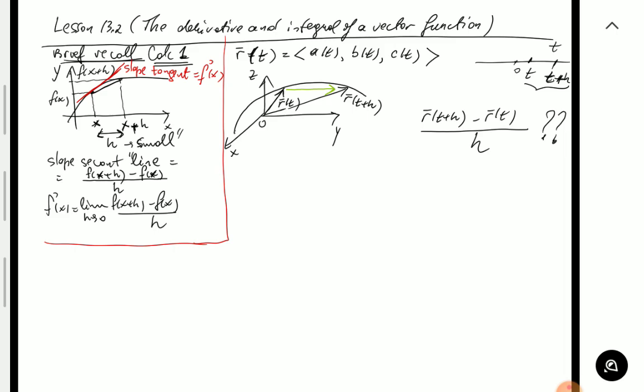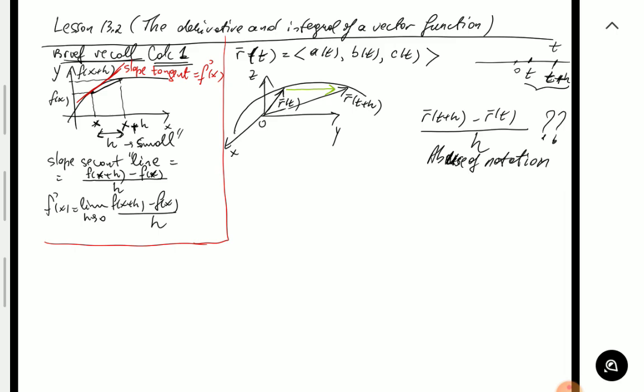I also want to point out that this "over h" is an abuse of notation, because we didn't define anything resembling division of a vector by a scalar. Remember, on the top we have a vector, on the bottom we have a scalar.